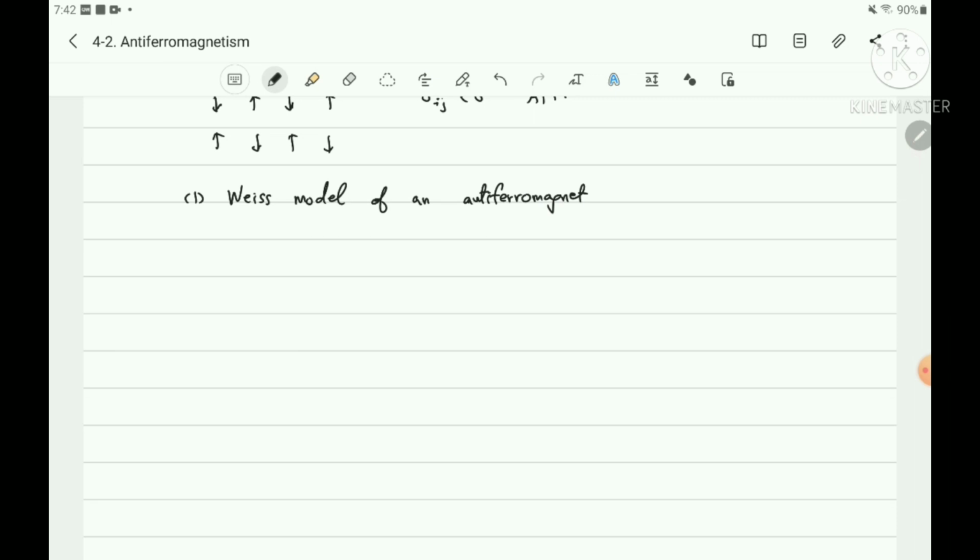The mathematical way is similar to the ferromagnet, but we divide into spin sublattices, up spin and down spin: the spin up sublattice and the spin down sublattice. We divide into the two spin sublattices.